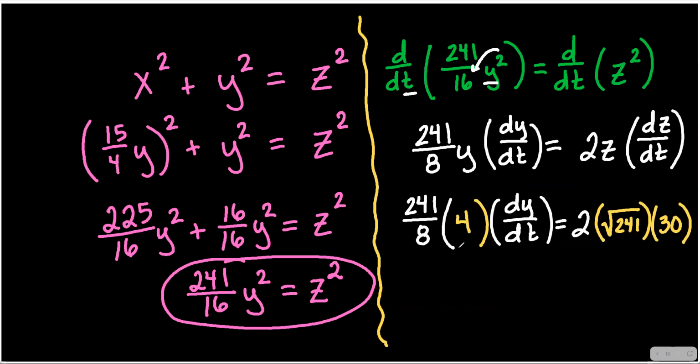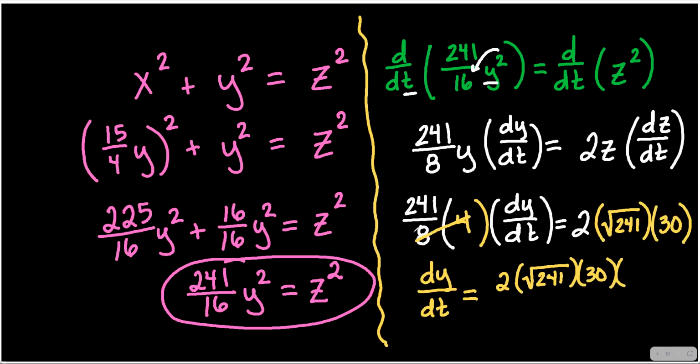All right, so now we're going to try and clean this up a little bit. So I'm going to go ahead and move some numbers around. So this is now dy/dt. And by dividing by this on both sides, I'm going to have my 2 square root of 241 times 30.